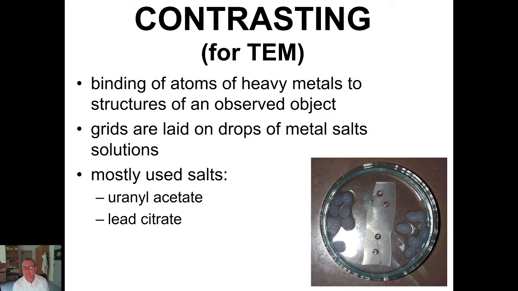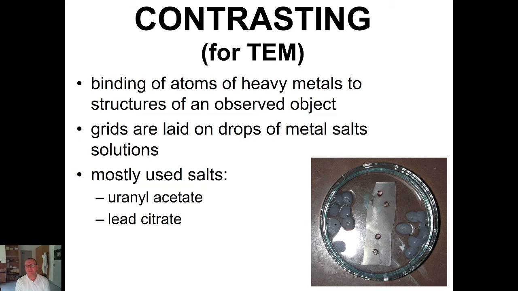Normal light atoms like biogenic elements, oxygen, nitrogen, carbon, hydrogen, they are not giving contrast to the tissue, but heavy metals do it. We know which heavy metals are bound to the tissue, and so these metals we can use.